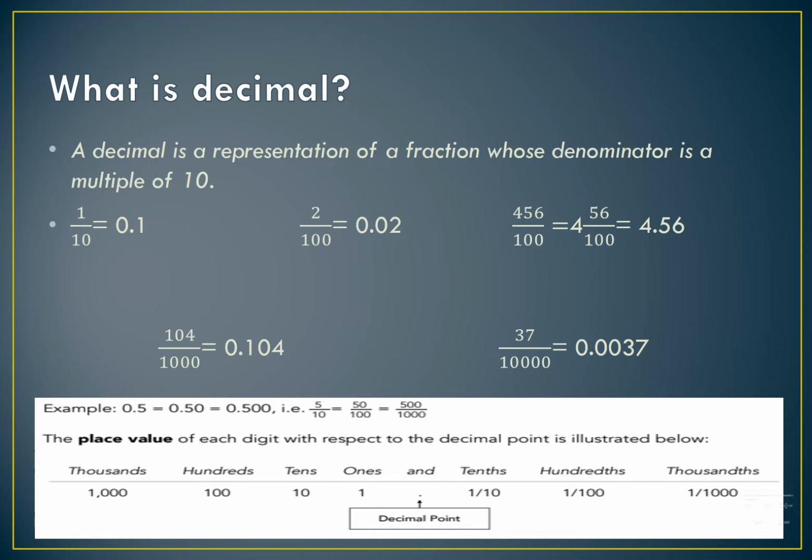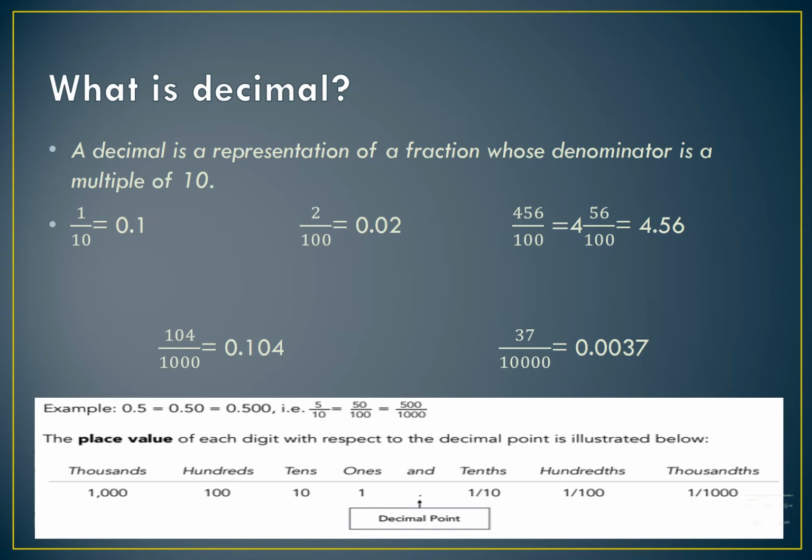For 456 over 100, it will be equal to 4 and 56 over 100. In decimal, it is equivalent to 4.56, or 4 and 56 hundredths.